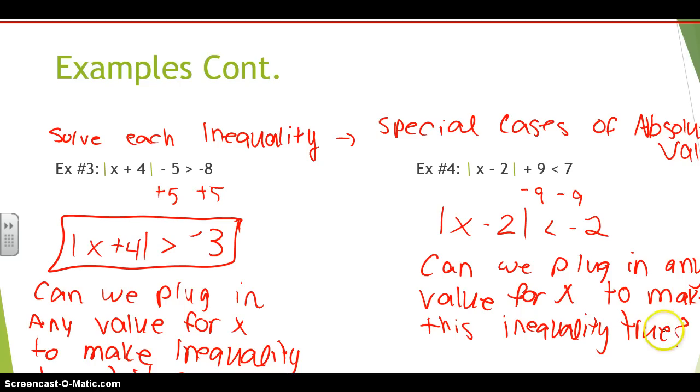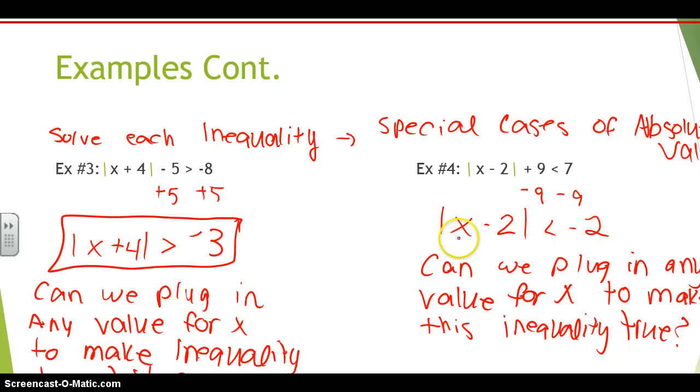And the answer to this is going to be no. Because think about this. If I plug in negative 4 for x, negative 4 minus 2 is going to give me, again, negative 6. Absolute value of negative 6, is that less than negative 2? It's not.